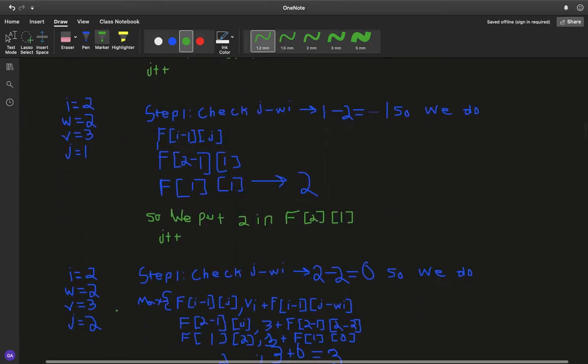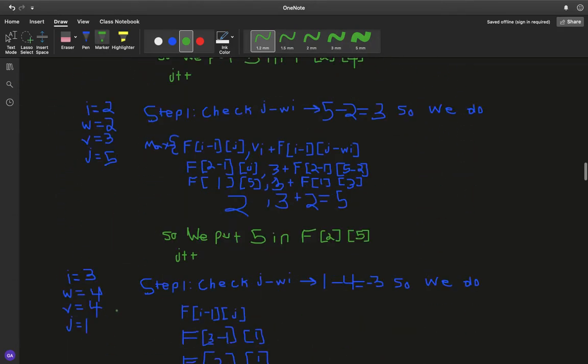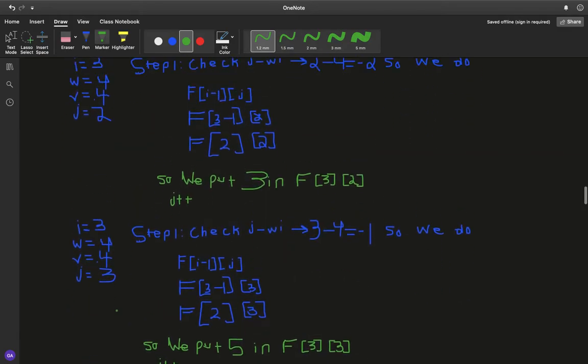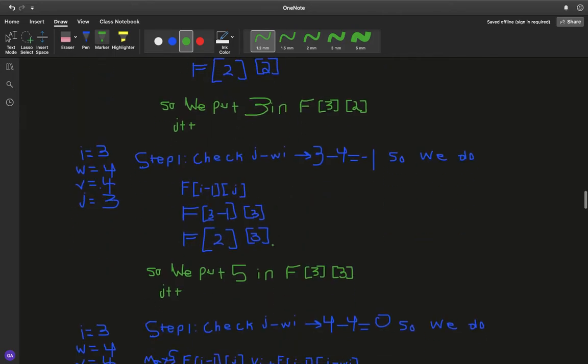So we put 3 in. I lost my place. We put 3 in f sub 3 of 2. And we increment j. It's still going to be a negative. 3 minus 4 is negative 1.